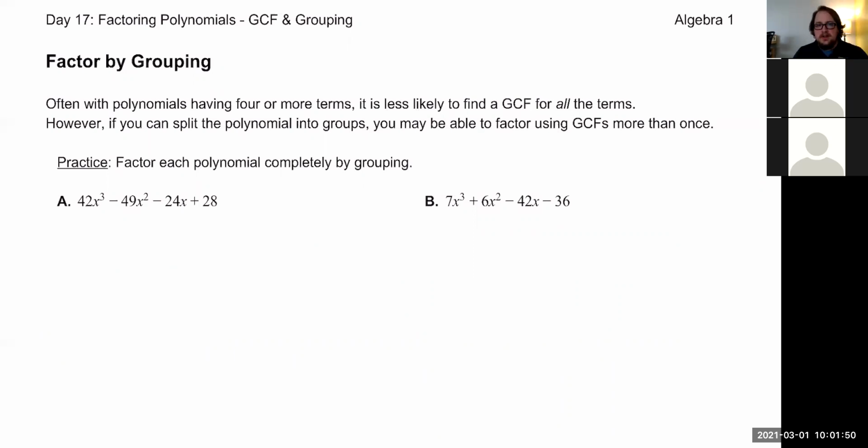So factoring by grouping essentially allows me to split the polynomial into groups, hence the grouping, because we may be able to factor using greatest common factors more than once. Now, with factor by grouping, you're going to be able to tell about halfway through this process whether or not it's going to work. And I'll show you what I mean once it occurs.